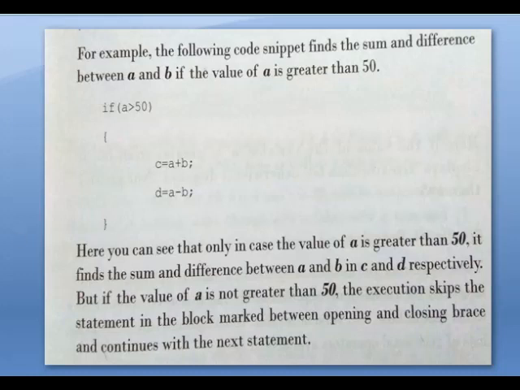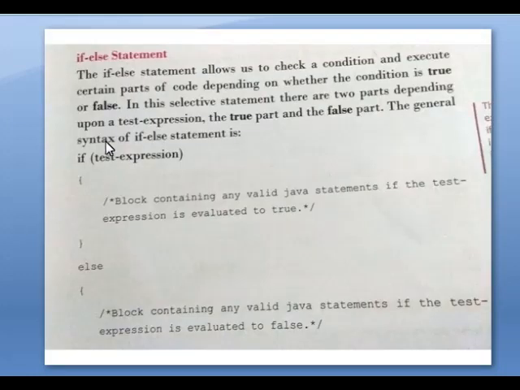Then we are going to see the if-else statement. The if-else statement is used so that if the condition is true, it will do the true part, the block of statements here. If the condition is false, it will do the calculation in the else part.